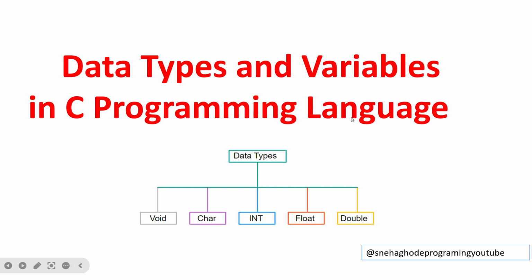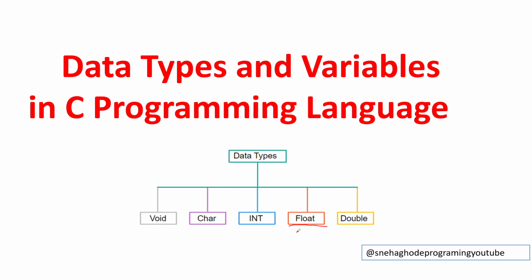Then next will be a float. What is this float? Opposite of the integer, if any data contains a decimal in the number, then we are going to call it a float variable, float data type.